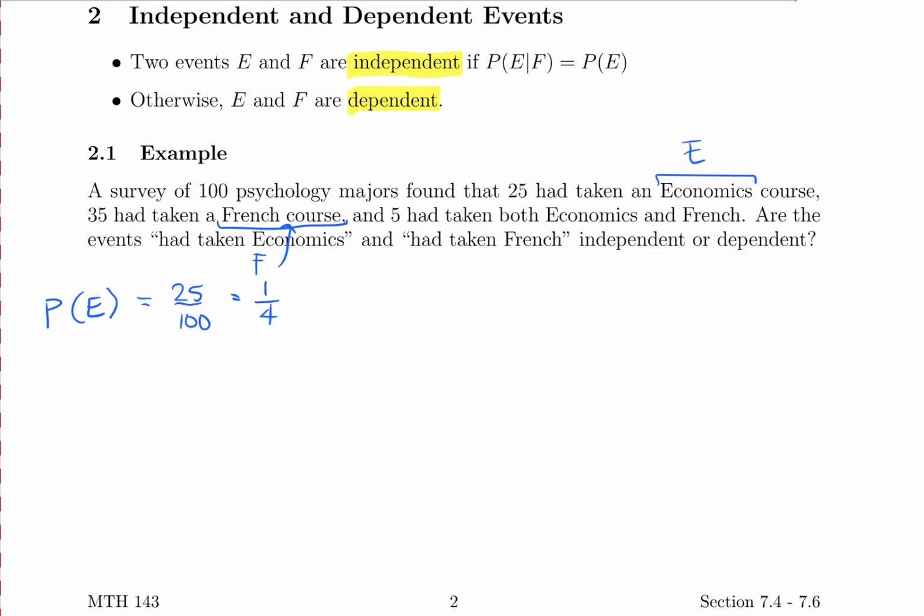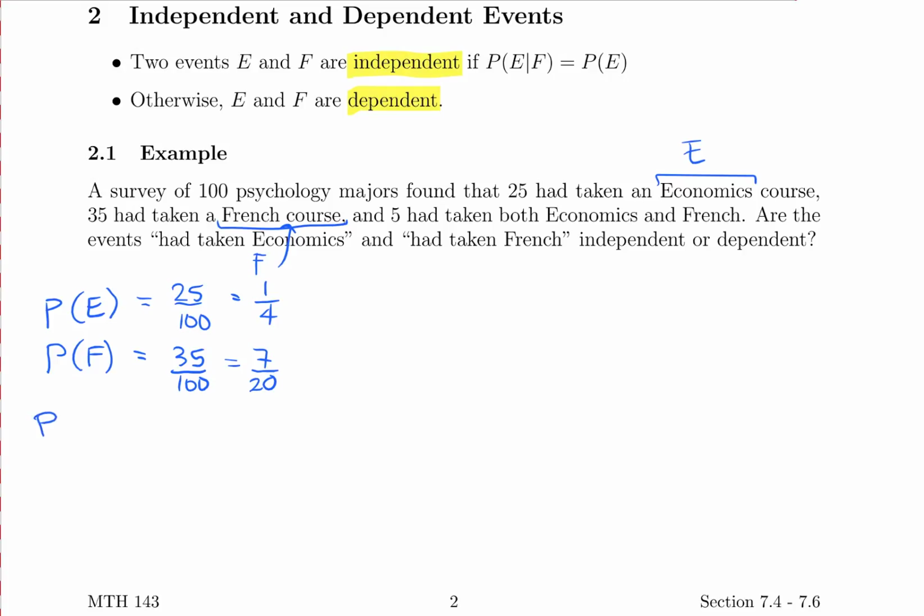The probability of taking a French course, there were 35 out of 100 students. And so that would be 7 out of 20. 5 goes into 100 20 times, and 5 goes into 35 7 times. You don't have to simplify the fractions. You can leave them as unsimplified fractions.